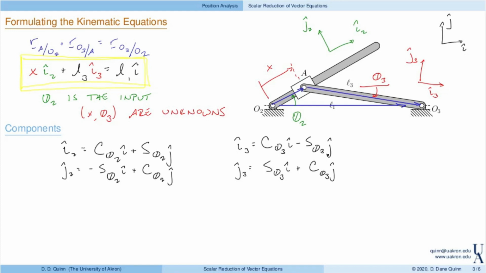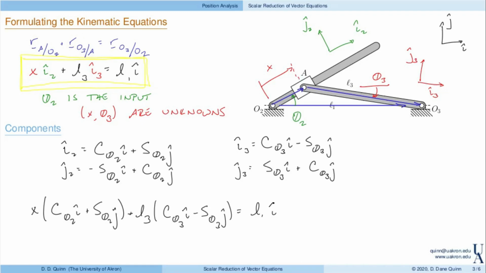Okay, so essentially I will take these directions, I2 and I3, put them into the loop closure equation, and then pull off components. So again, we have x times I2, which is cosine I plus sine j, plus L3 times I3, cosine I minus sine j, equals L1 I. So I need to pull off components in the I direction.